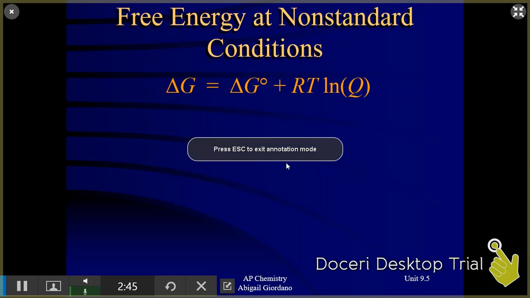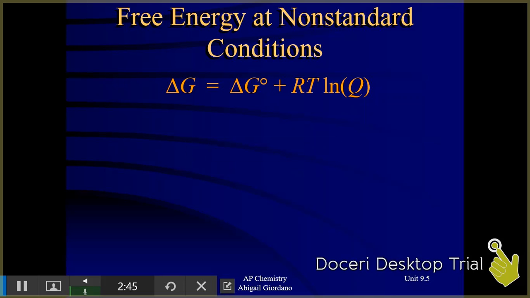But what I want to highlight for you is these two different delta G's. You'll notice that one of them has that little degree symbol, which indicates a delta G measured at standard state conditions, but the other one doesn't. So what the Nernst equation allows us to do is to solve for this delta G, meaning Gibbs free energy, but at non-standard conditions, and then the process is the same.